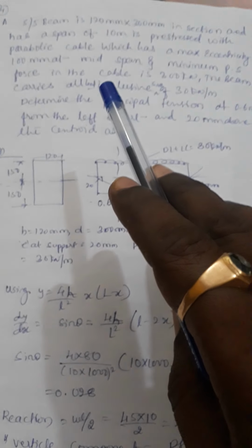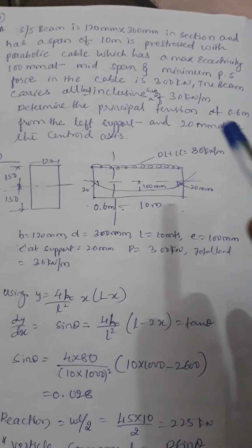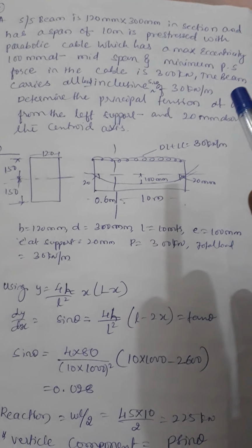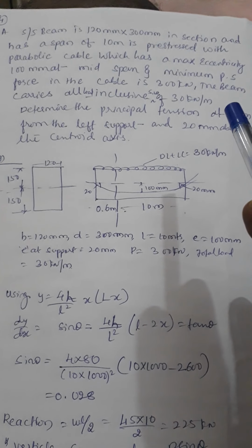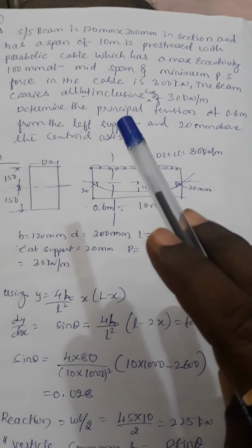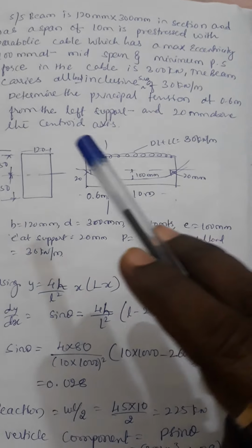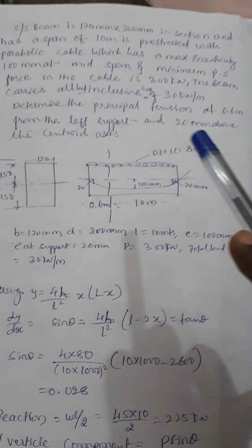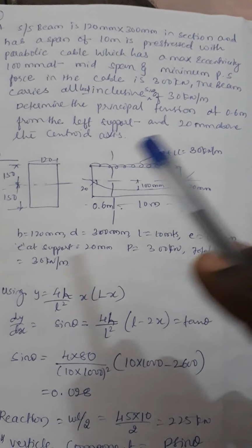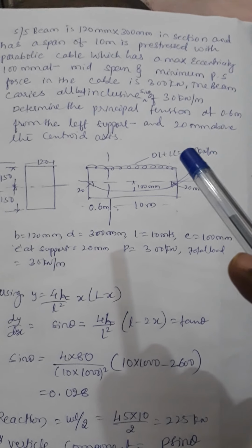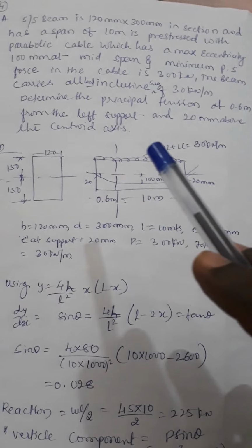The pre-stressing force of the cable is 300 kilonewton. The beam carries an all load, including self-weight, of 30 kilonewton per meter. Determine the principal tension at 0.6 meter from the left support and 20 mm above the centroidal axis.